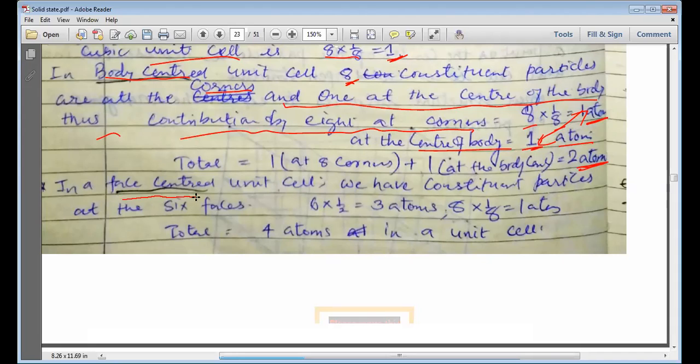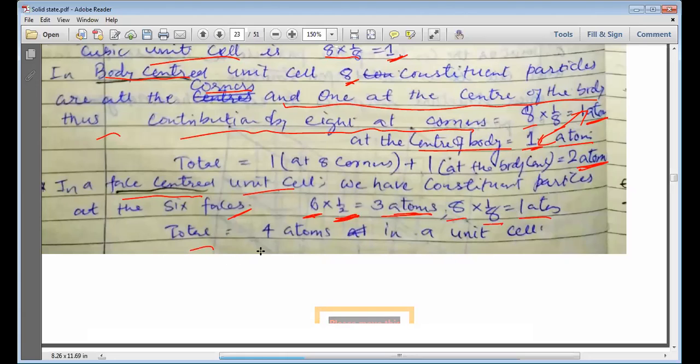Then, my dear students, we want to study the face-centered unit cell. We have constituent particles, 6 particles at 6 faces. The particles on the faces are half present, and we have 6 faces. So 6 multiplied by 1/2 gives a total of 3 atoms, and we have 8 particles at 8 corners, which gives us 1 atom.